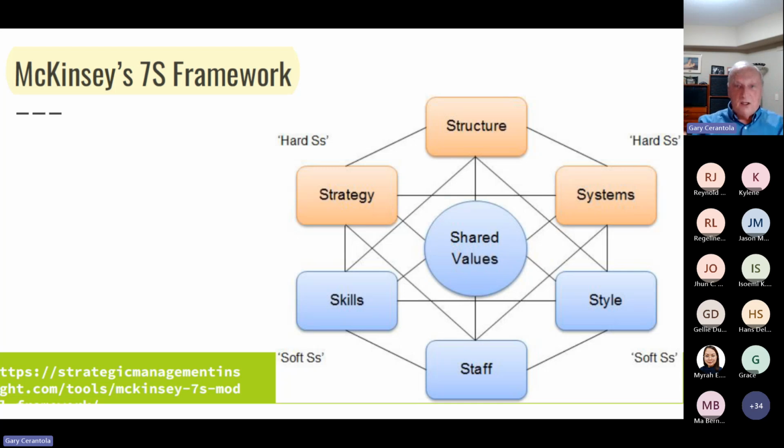But you need to go internally as well, and you need to see, is the company up for the growth challenges that we're planning for? Does the company have the attributes to be able to sustain another 30 years of operation? And this McKinsey 7S framework is probably the best sort of systems approach to looking at an internal organization that I've ever worked with.